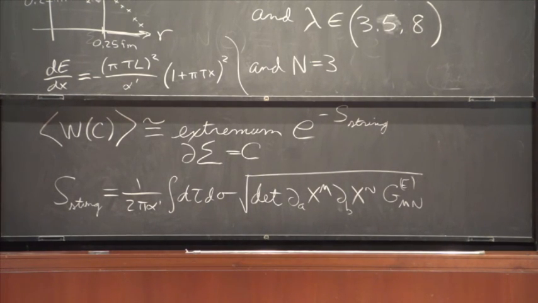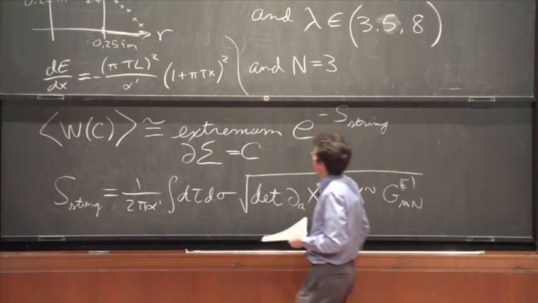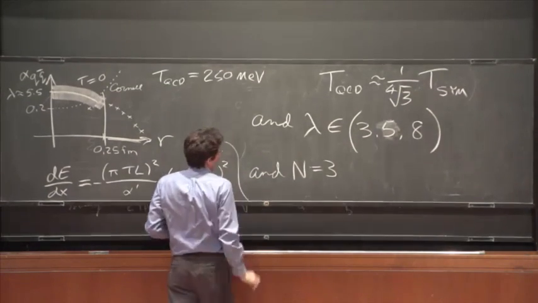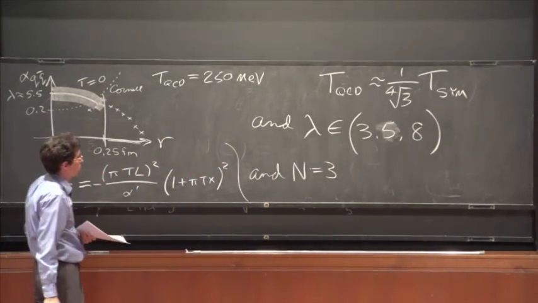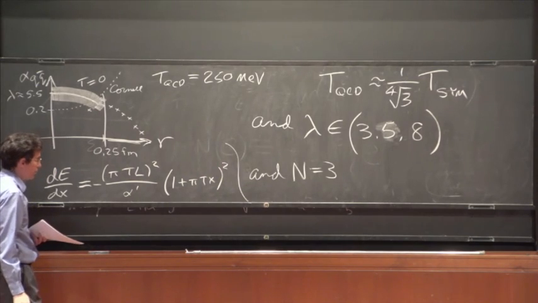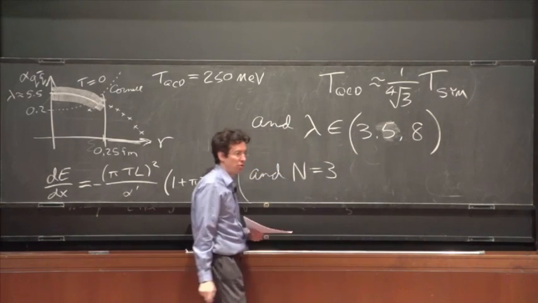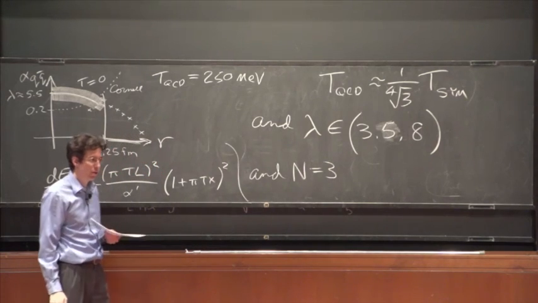What gives this range of lambda? Because there is an error bar in the lattice data, or... I would say this range of lambda is supposed to be representative of the large uncertainties in the comparison.